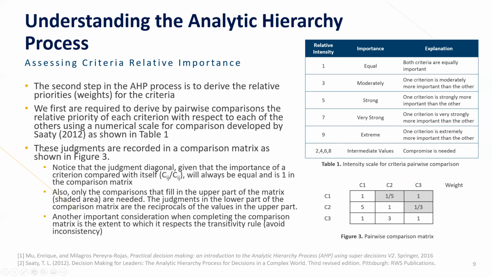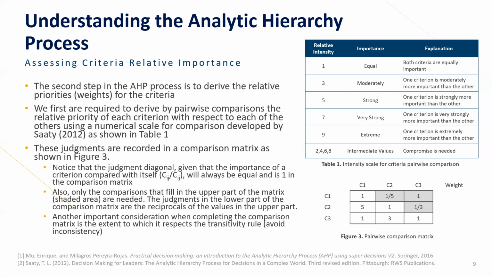By doing the assessment like this, we can make sure that your assessment or judgment for the criteria will be consistent, because it obeys the reciprocal relationship and the transitivity relationship.